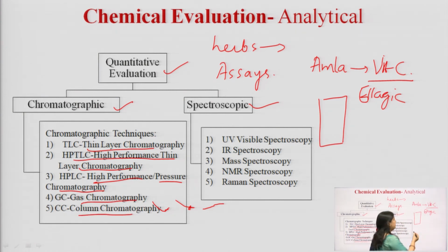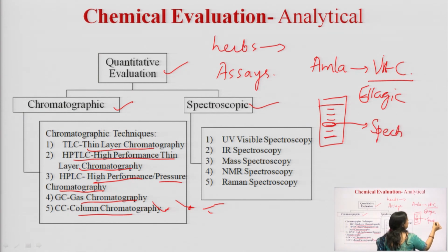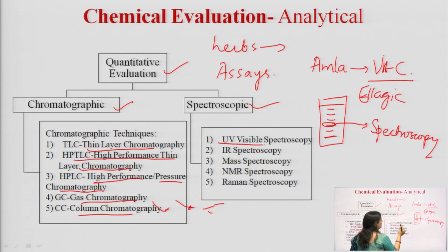We can separate the different chemical constituents in one particular drug, and once we have separated, we can analyze them using the second technique, that is spectroscopy. For example, UV visible spectroscopy, IR spectroscopy, mass spectroscopy, NMR spectroscopy and to some extent Raman spectroscopy.